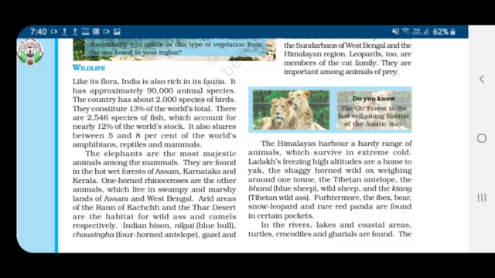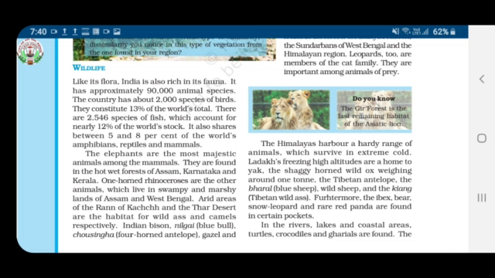They constitute 13% of the world's total. There are 2,546 species of fish, which account for nearly 12% of the world's stock. It also shares between 5 and 8% of the world's amphibians, reptiles, and mammals.